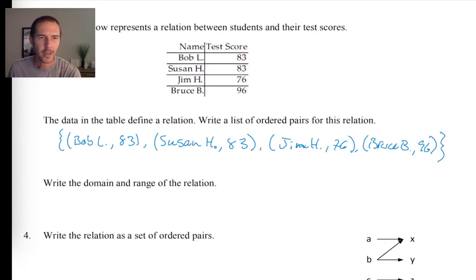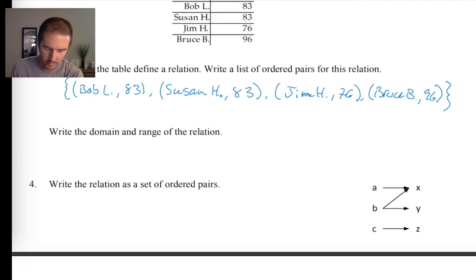To write out the domain of this relation, we would put those values in the set, and then you would have Bob, comma, Susan, comma, Jim, comma, Bruce.